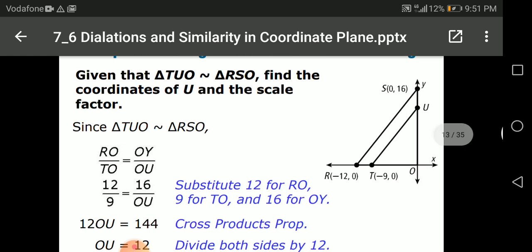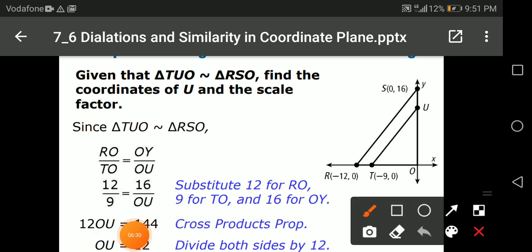He gives me the points of S, R and T, and he also gives me a very important piece of information: they are similar.